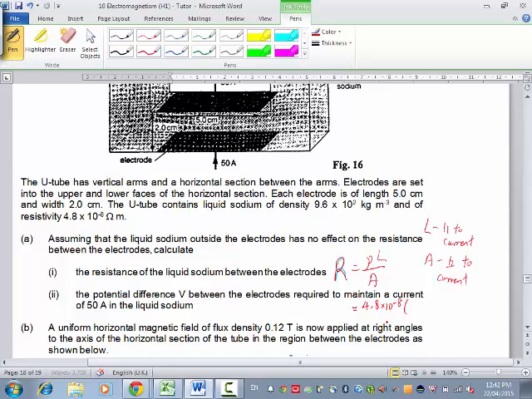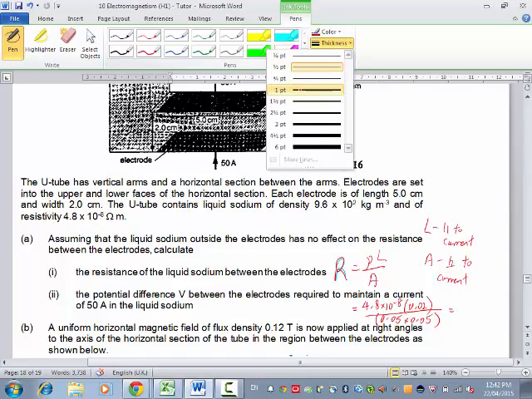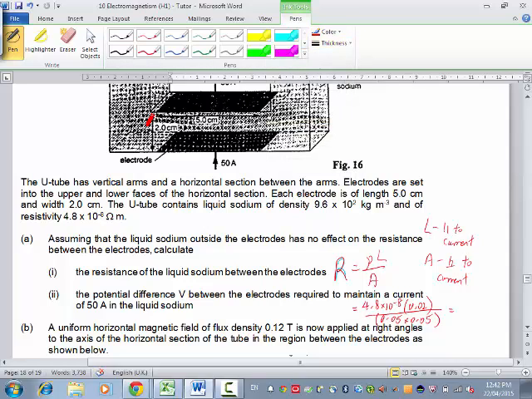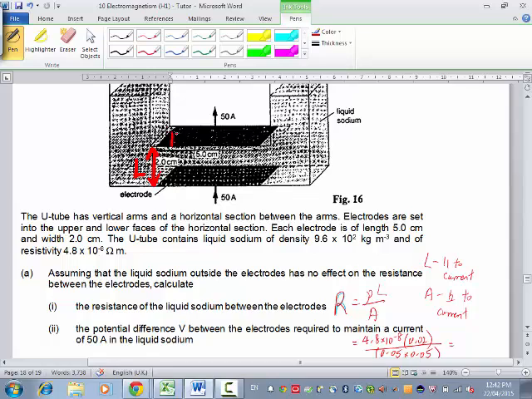The L is 2 cm or 0.02 meter. The A is 0.05 times 0.05. Take note of that. You can see that from the picture. This is the L, because the current flows in this way. And the area is this.